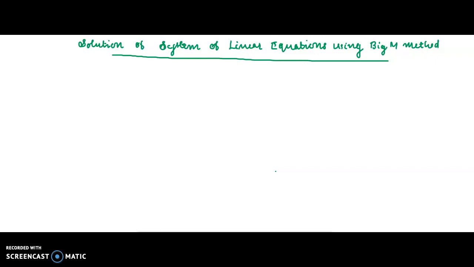Therefore, it is easy to solve system of linear equations using two-phase simplex method. But if you are given the instruction, solve the linear equations using bigger method, you have to use bigger method itself. So we can see a problem of solving linear equations using bigger method.